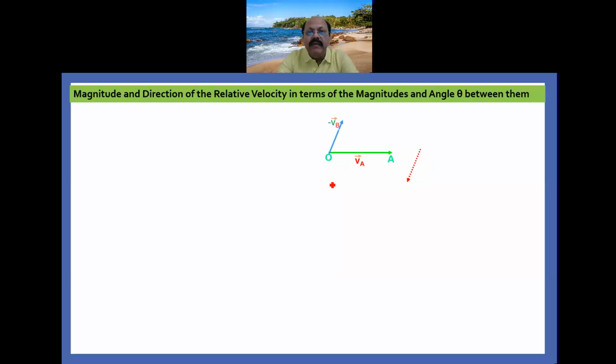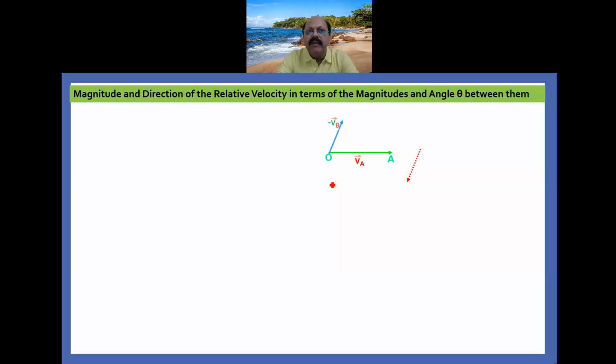Now VA vector and minus VB vector are represented by two adjacent sides of the parallelogram. Then their resultant is represented by the diagonal drawn from the initial point of these vectors, which is the relative velocity of A with respect to B. After that, we apply the formula of the parallelogram law of vector addition for the resultant.